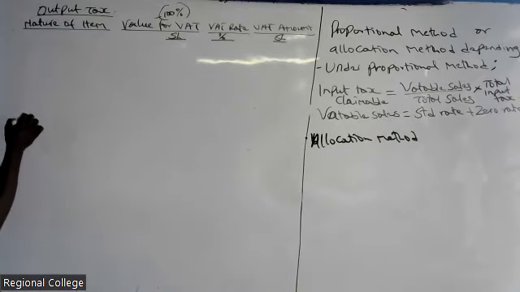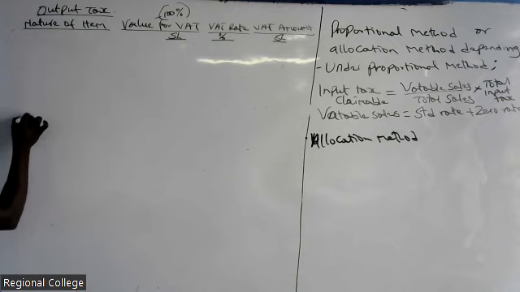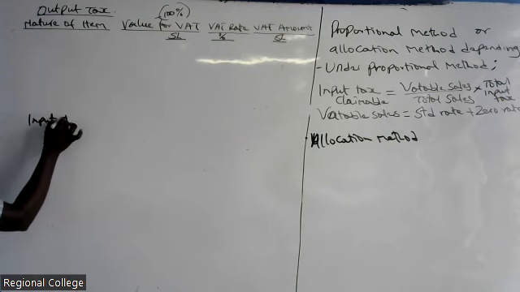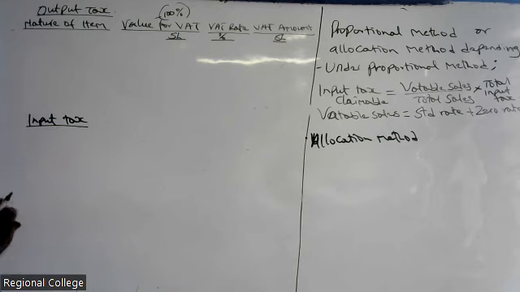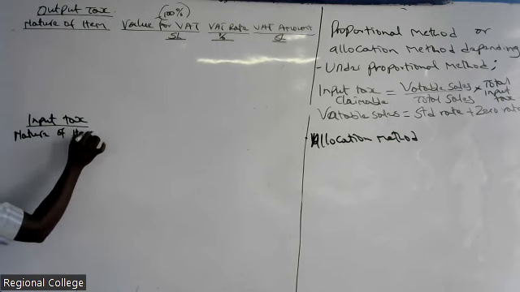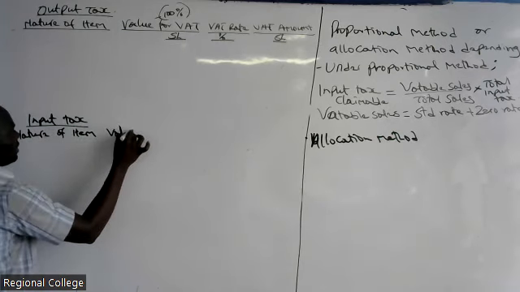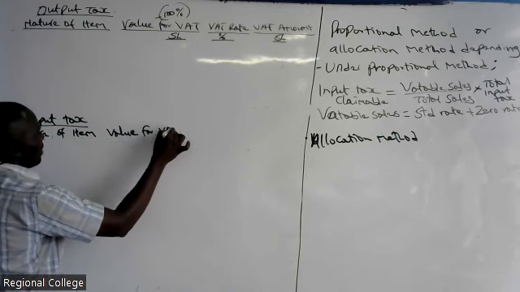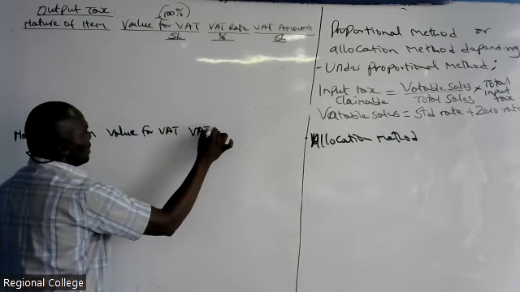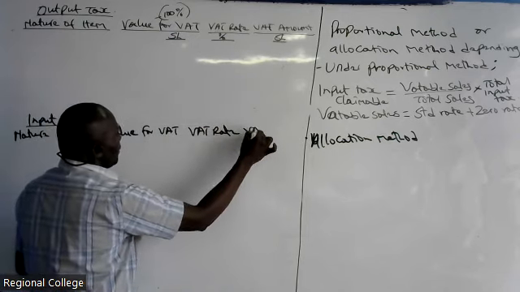Leave enough space. Then we have another part here for input tax. Same concept: nature of item, value for VAT, the VAT rate, and VAT amount.